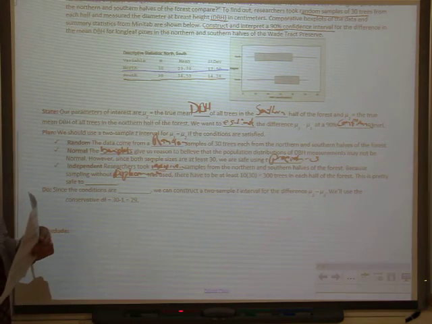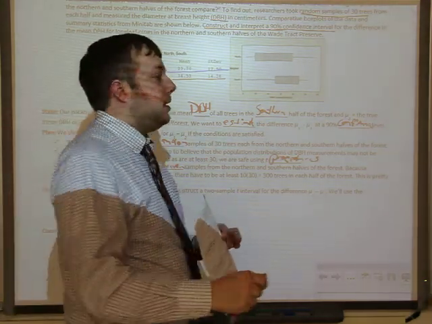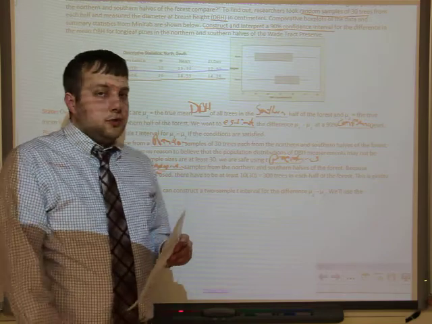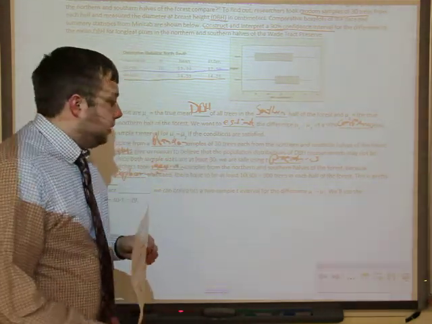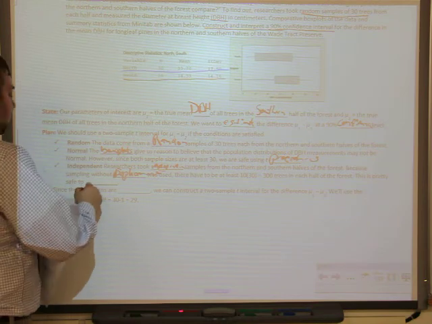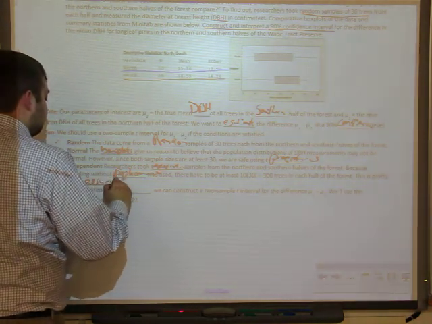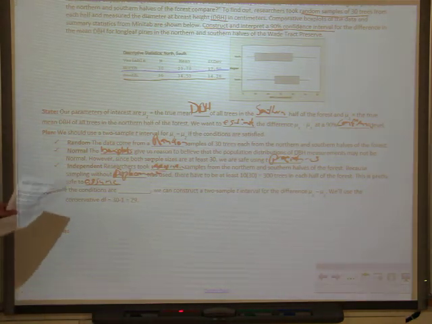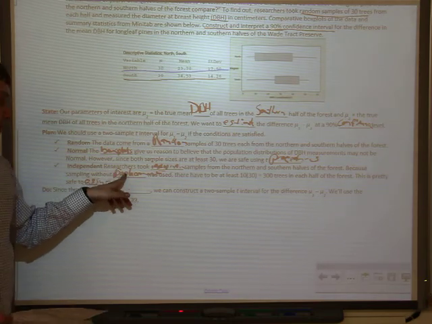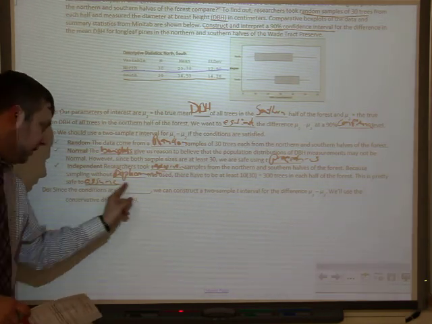Well, we collected 30 samples, so there has to be at least 300. Can we assume there are 300 trees in a forest? I would hope so. So it is safe to assume. Once again, that's sampling without replacement, and we're safe to assume.